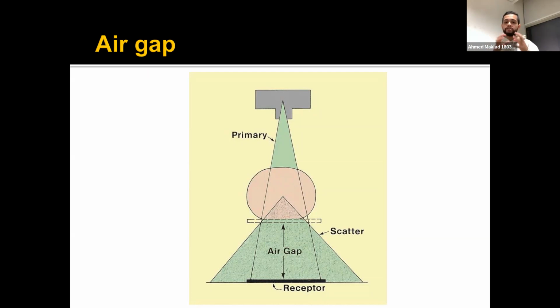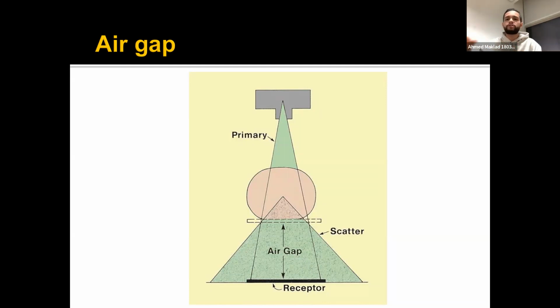Now, let's say 100% of the X-rays are going through the chest and exiting your back. You want to catch them as soon as they exit your chest, right away. Why? Because if you leave a gap between the patient and the sheet, some of those X-rays are going to bounce too wide, and they're going to miss the sheet or the X-ray film.